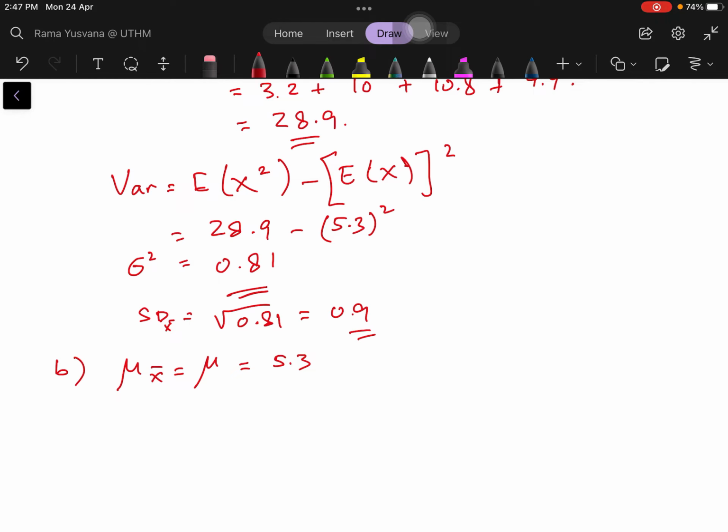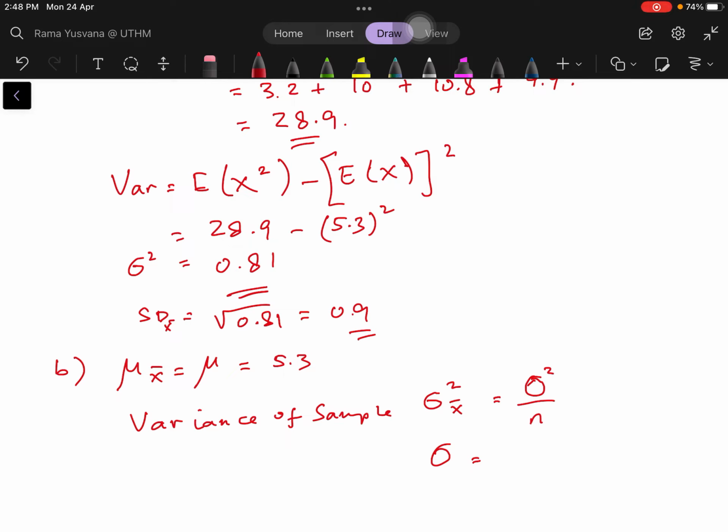Okay, so the sample variance, the variance of the sample, which is sigma squared for the sample, equals sigma squared of our population divided by n.